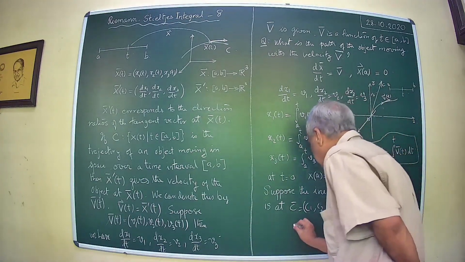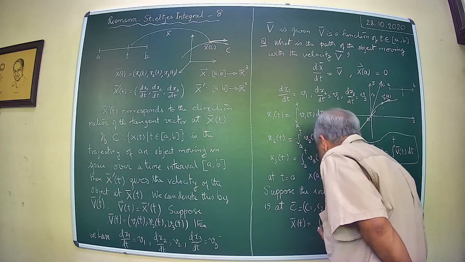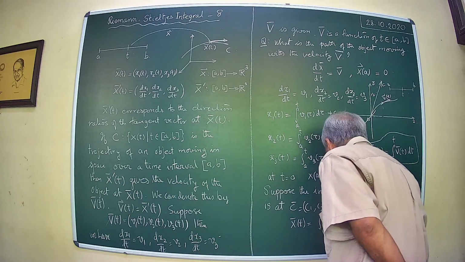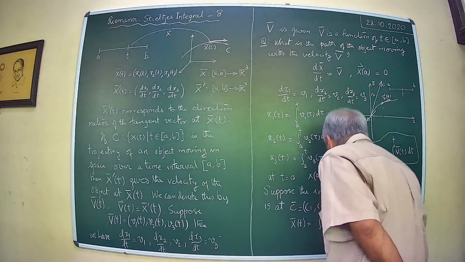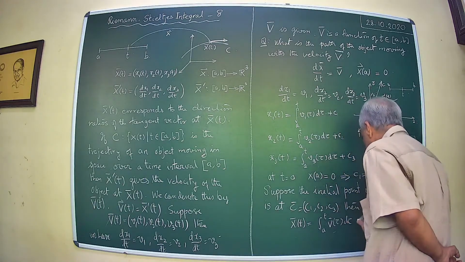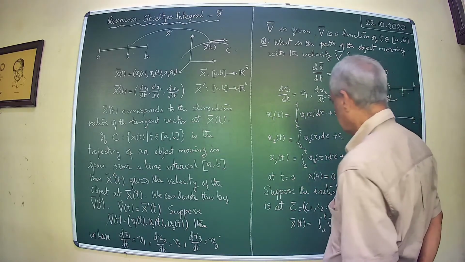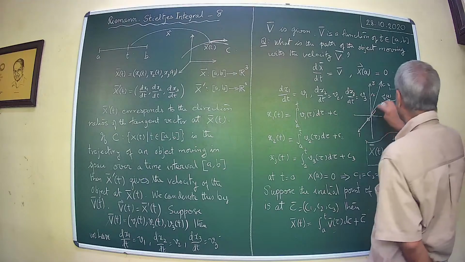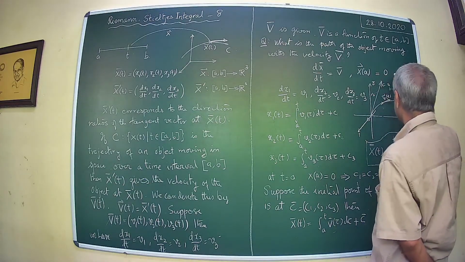Then what you get? You will get x(t) simply as the integral from a to t of v(tau) d tau plus the vector C. Okay, so you will have the path, the path will be completely translated in that case.